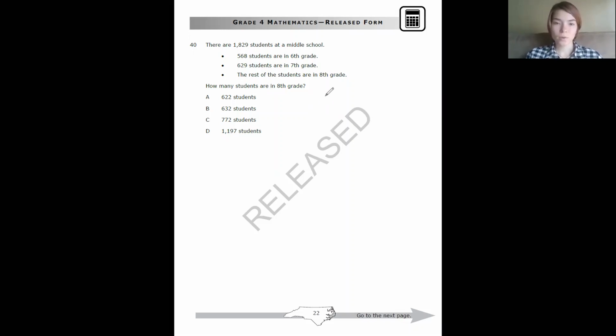So we know that the total number of students in the school is 1,829. And that has to be equal to the number of students in all the grades combined.